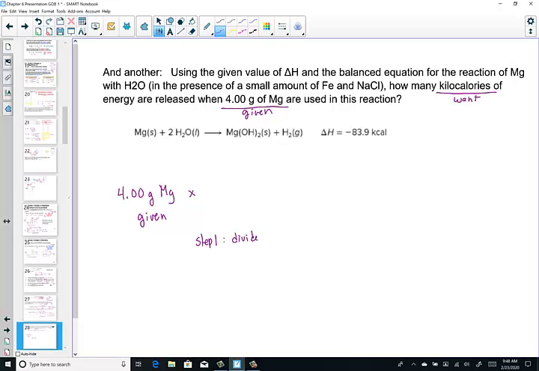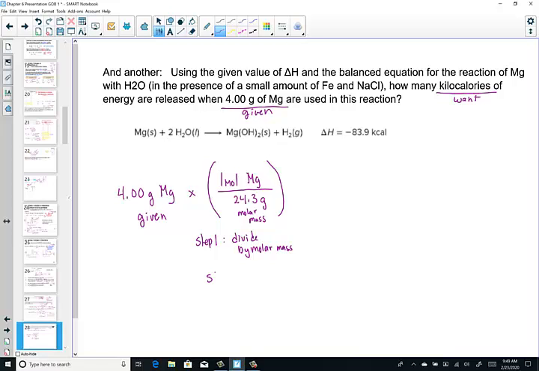You divide to head into the mole, and we're going to divide by molar mass to convert into a mole. So in my first conversion, I had to go and find the molar mass of a magnesium atom, and I report that as 24.3 grams. So just to remind myself, we divide to head into the mole, and our conversion factor is called molar mass.